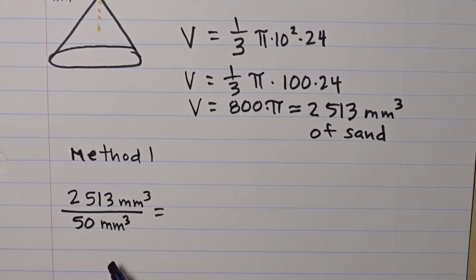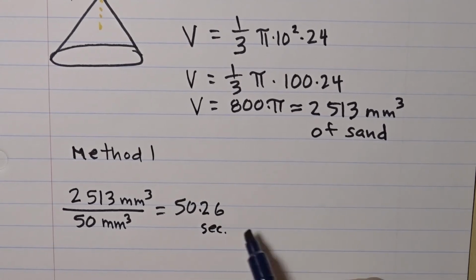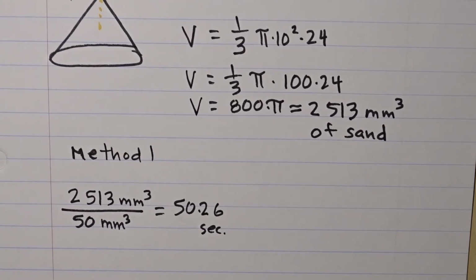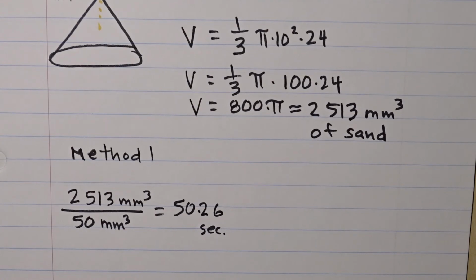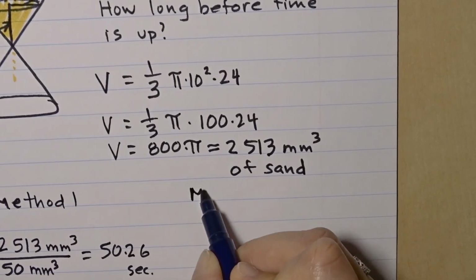So you want to know how many seconds that would be. So you would just divide, and you would get 50.26 seconds. Okay, that's if you just instinctively know that this is a division problem. You want to know how many times 50 fits into that amount, because you know that every 50 represents a second.